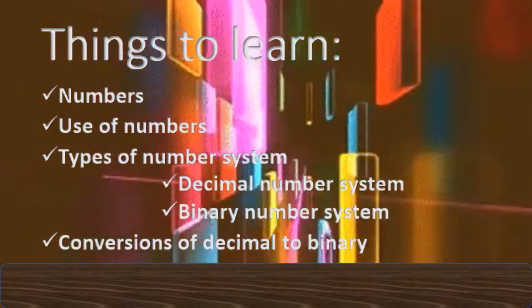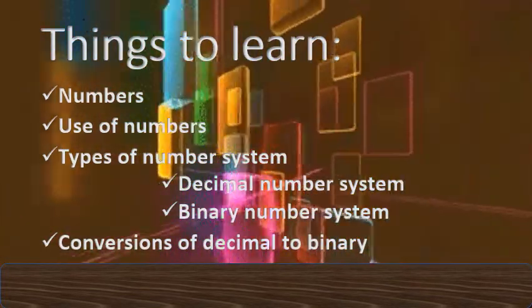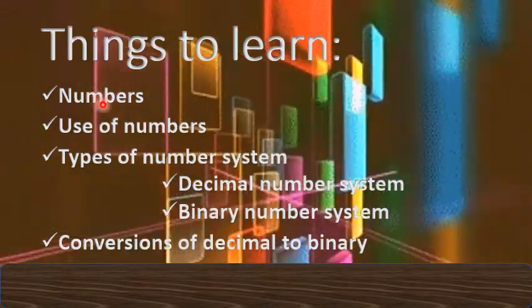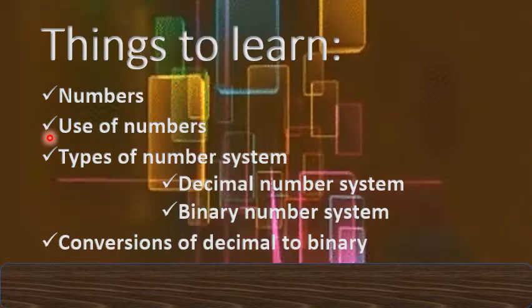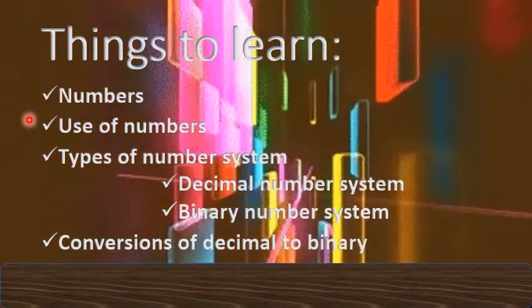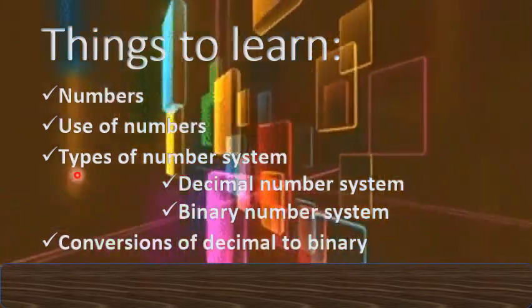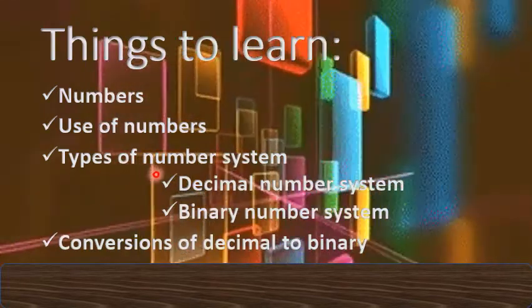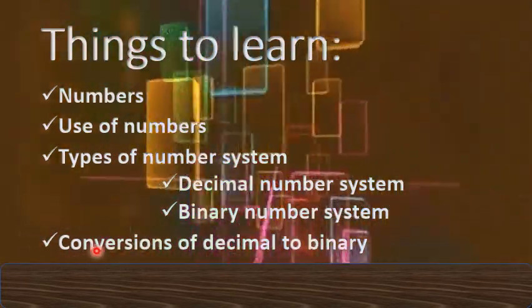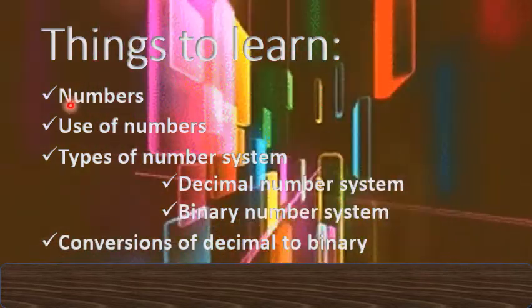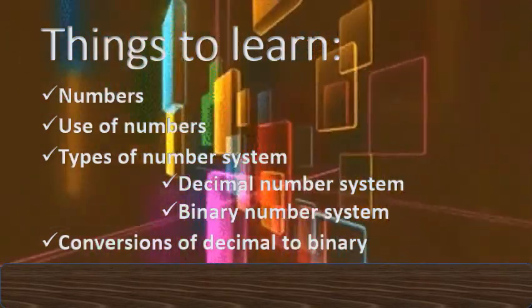And conversion of decimal to binary. Now what are these and how we are going to do this? In today's class we are going to cover numbers, use of numbers, types of number system including decimal number system and binary number system. Conversion will be taught in the next class. So let's get started with numbers.